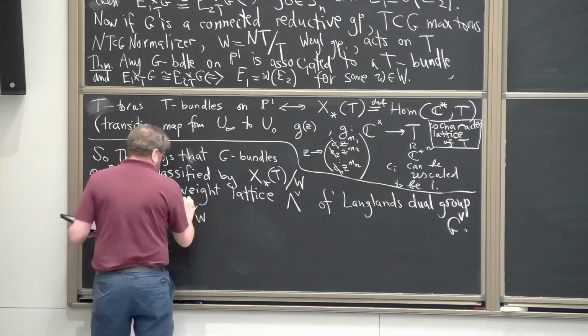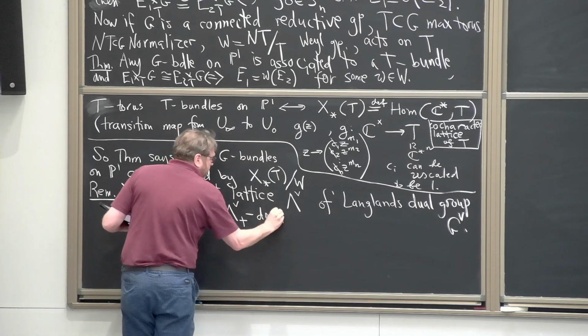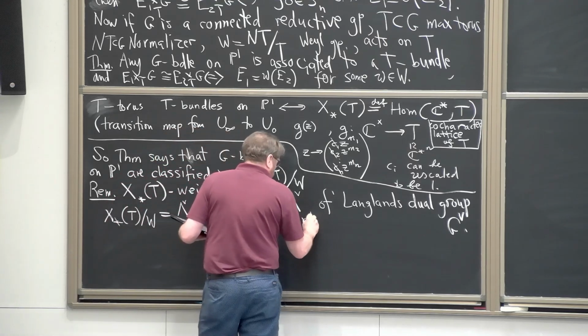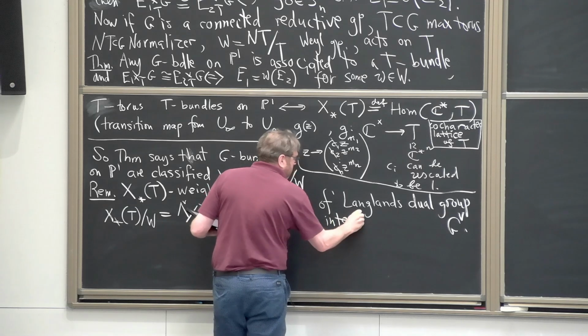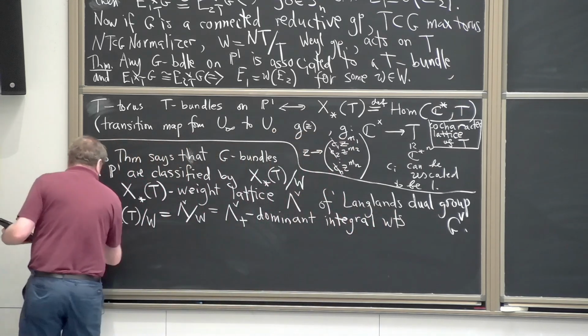And this is the same as lambda check plus, which is dominant integral weights, which label irreducible representations.